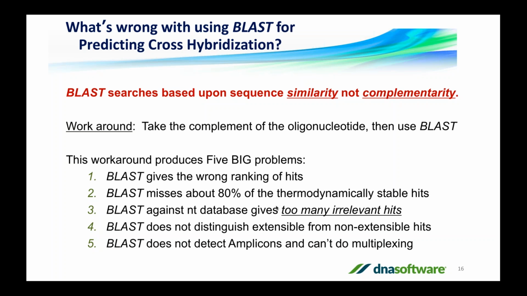Further, BLAST is often used against a large database like the nucleotide database collection, and as a result of that, it gives too many irrelevant hits. So it misses the hits you're interested in and need, and it gives you hits that you don't care about. All right, so you get a deluge of information. Further, BLAST does not distinguish between hits that are extensible by polymerase versus those that are not. And it also does not have the detection of amplicons or the detection of multiplexing.